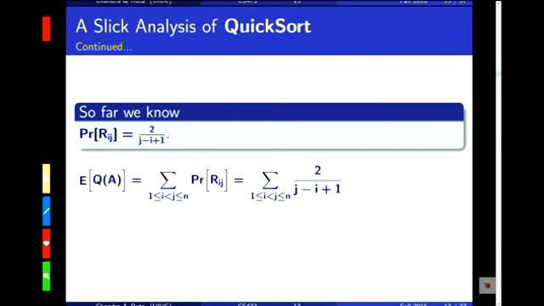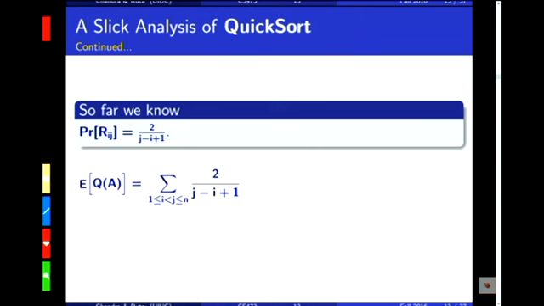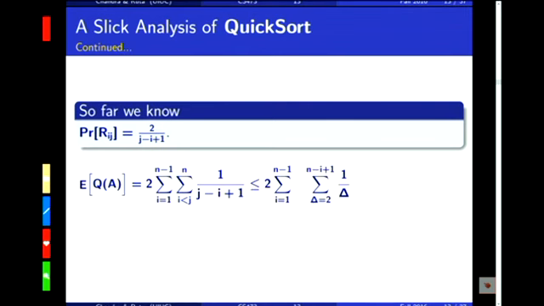I can simplify this summation and break it: I goes from 1 to n minus 1, and then j goes from I plus 1 through n.